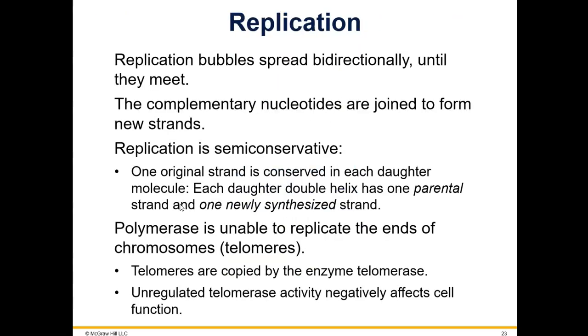So we say that DNA replication is semi-conservative. Make sure you know that word, semi-conservative, because each new DNA molecule has an original strand and a new strand in it.